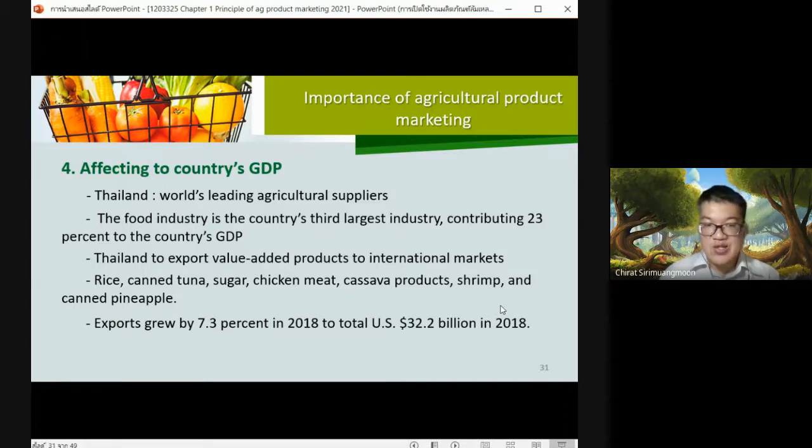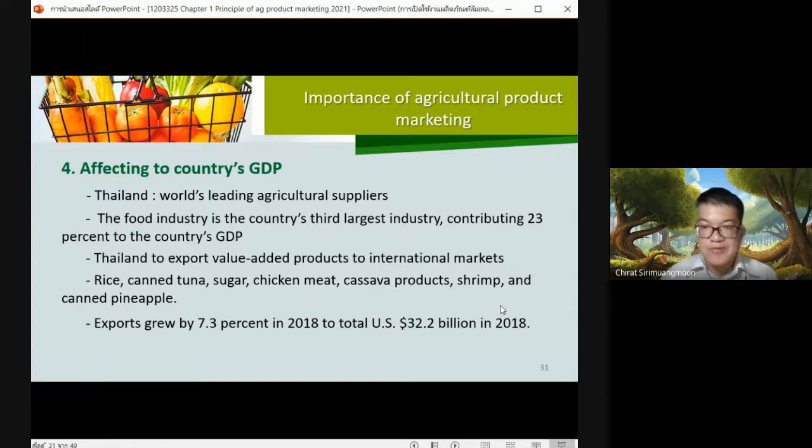So Thailand is a world leading agricultural supplier. We produce food to be the third largest industry around the world, contributing around 23% that I just mentioned. And Thailand exports value-added products to the international market.